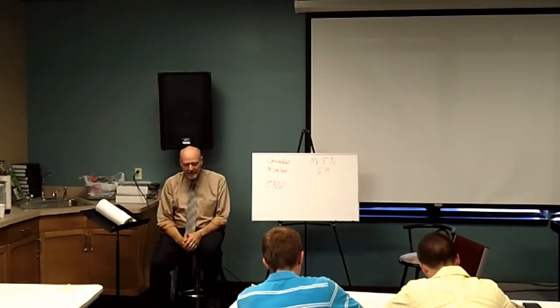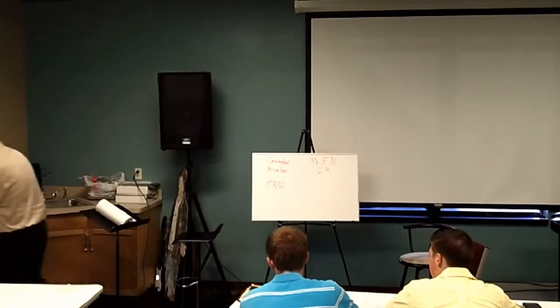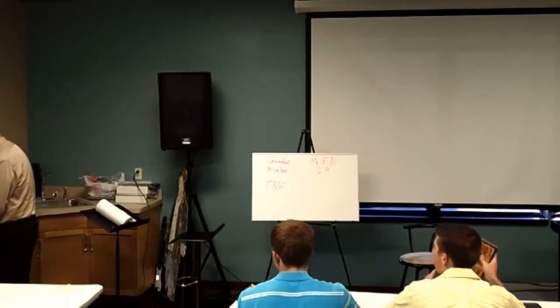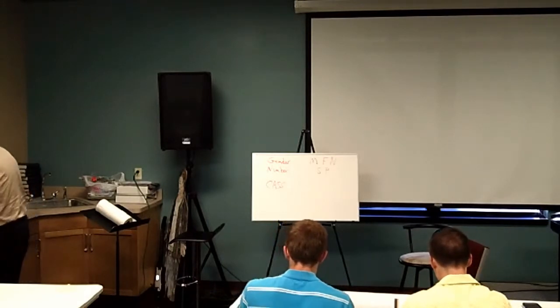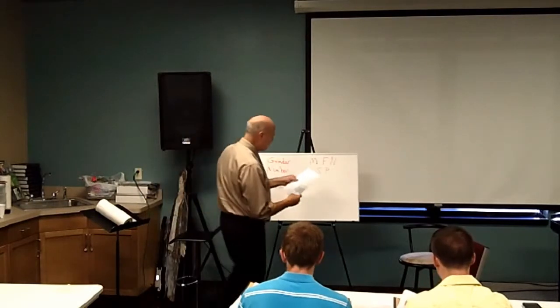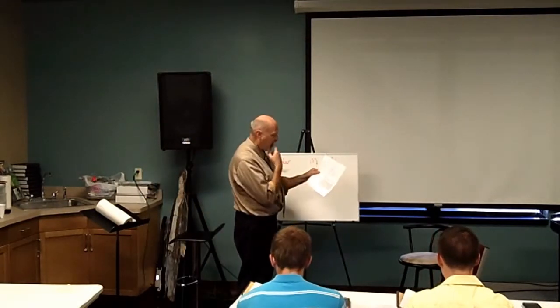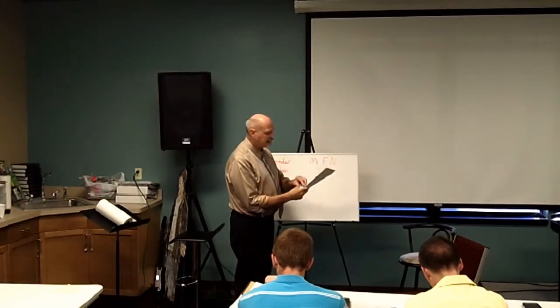Now, here's the thing. In Greek, if you'll look at your paper there, or your book, you'll notice that the cases are listed at the bottom of the page. And they're abbreviated. I'll tell you what all those mean in a minute.